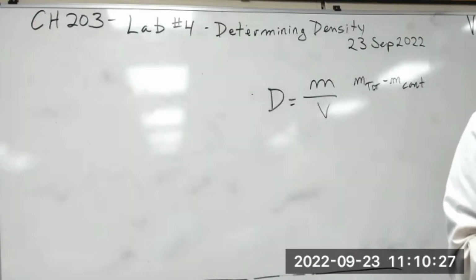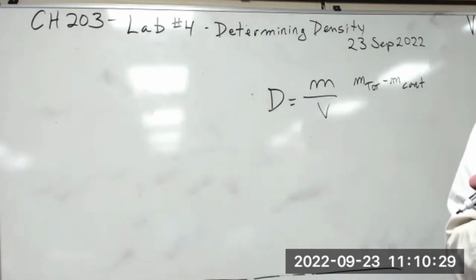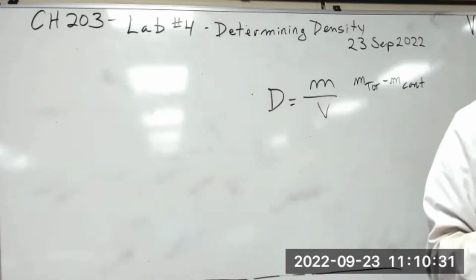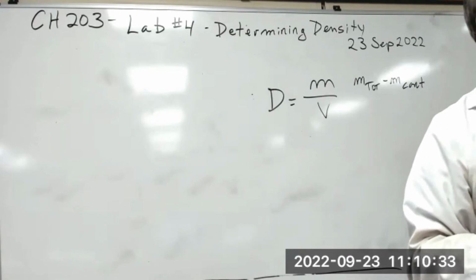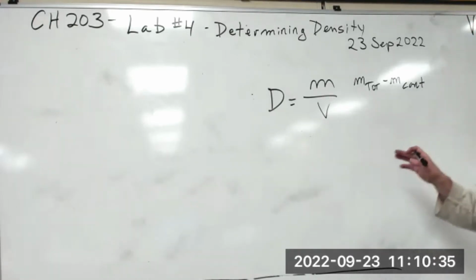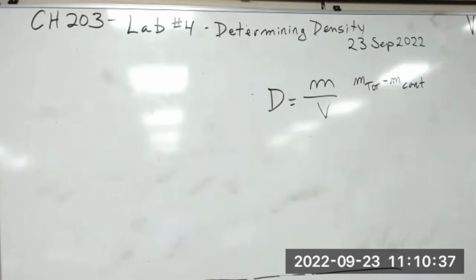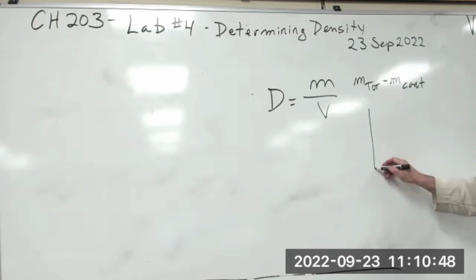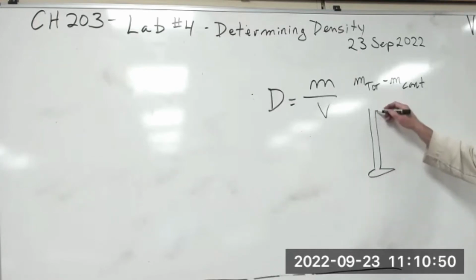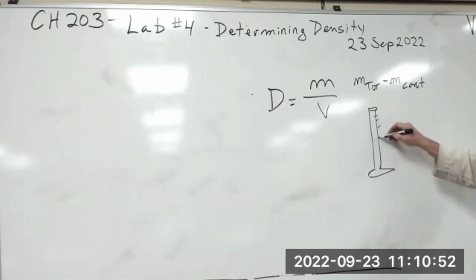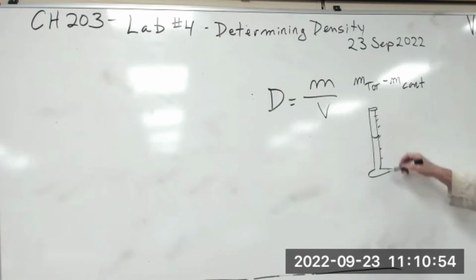Okay, the liquid, you just measure it by putting it in a graduated cylinder. So if you pour it into a graduated cylinder, and anybody read it so they know what that material is? Isopropyl alcohol. Okay, so if we put the alcohol in our graduated cylinder, right, say it comes up to here.